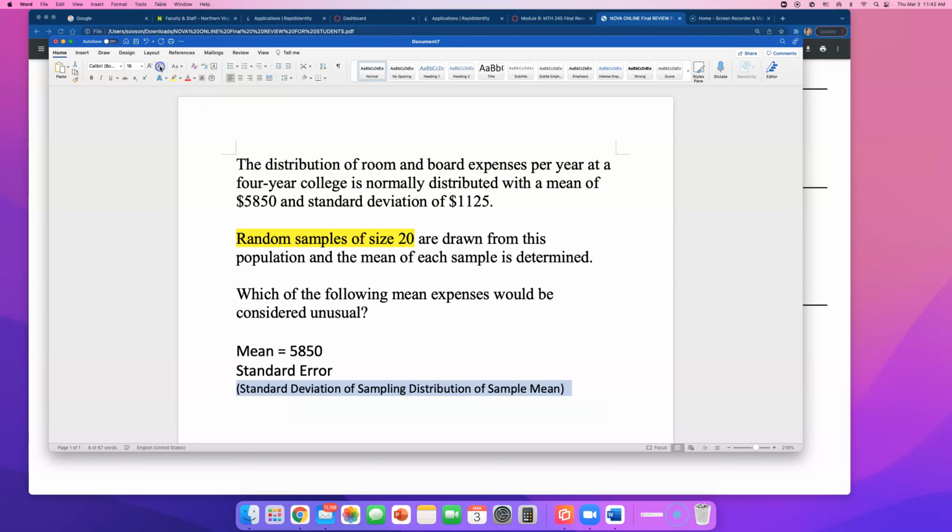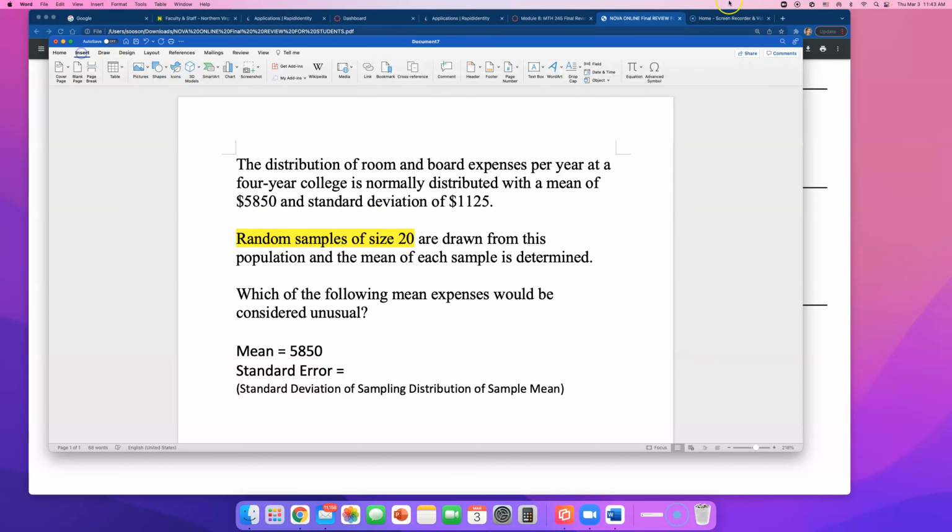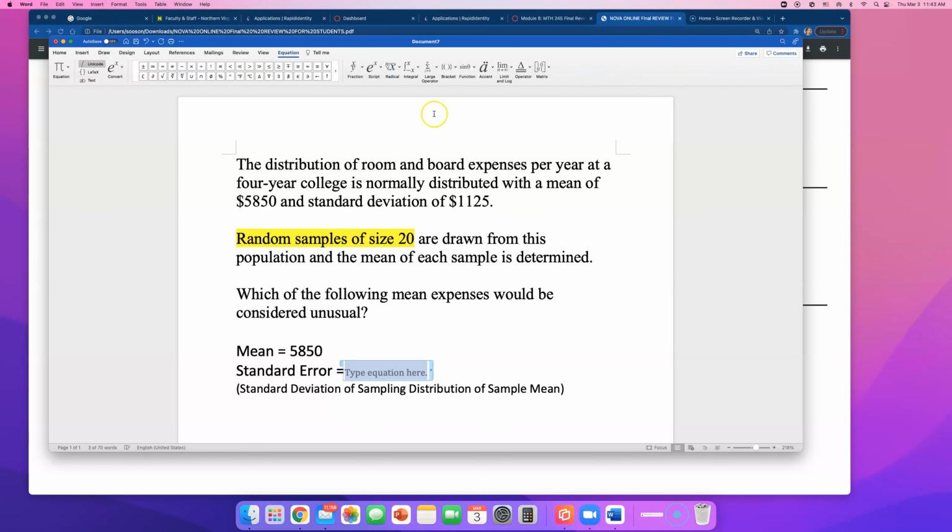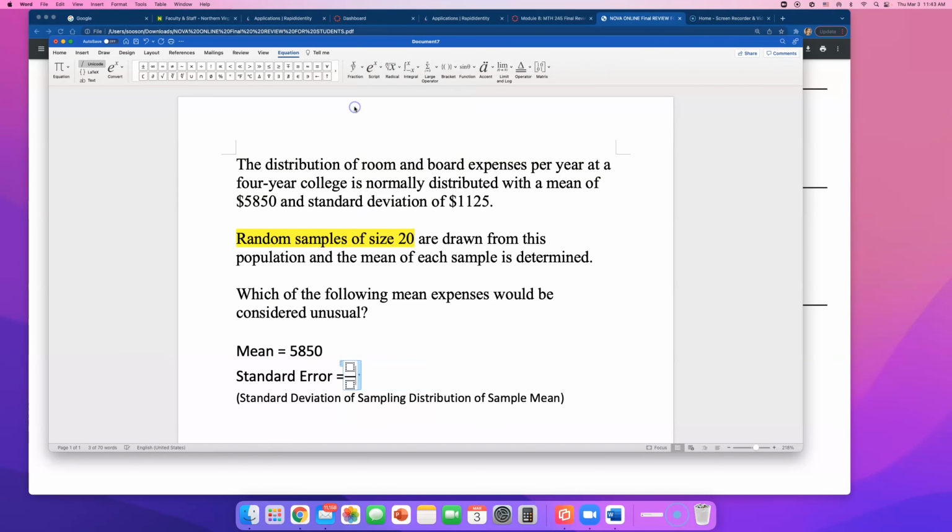That has a formula, and you remember this from, I think, section 5.4. It is the population standard deviation divided by the square root of the sample size.